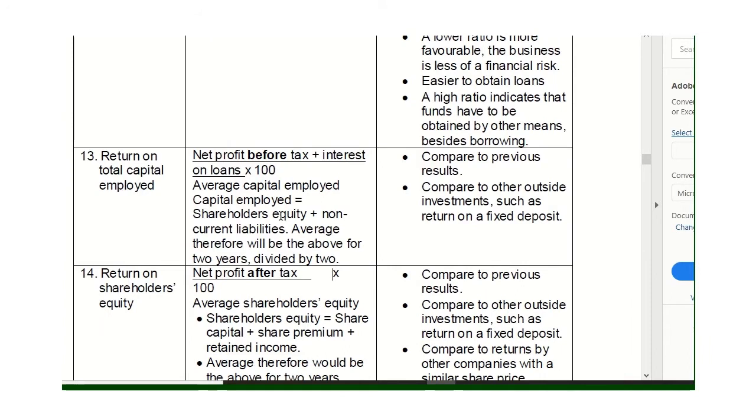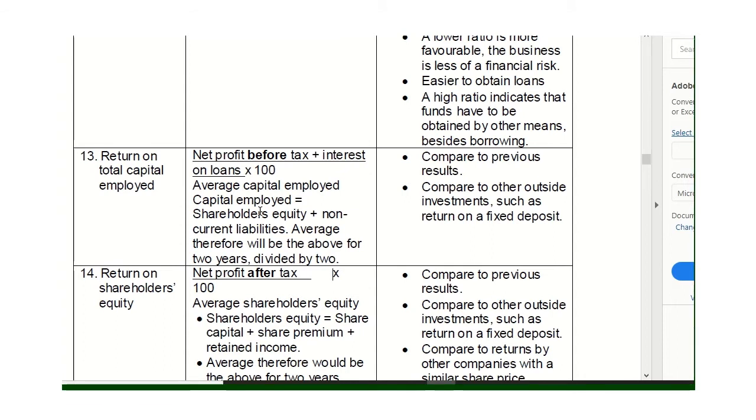We can then look at the return on total capital employed, or the ROTCE, return on total capital employed. And that was also one that we calculate. No, we didn't calculate this one. When we do that, we compare it to previous results, see if it went up or down, and then also compare it to investments such as a return on a fixed deposit.